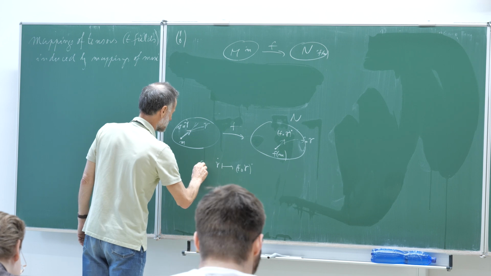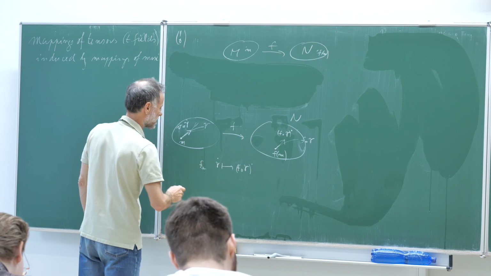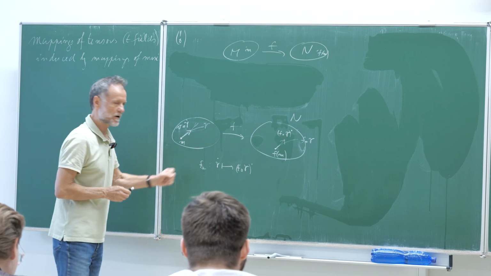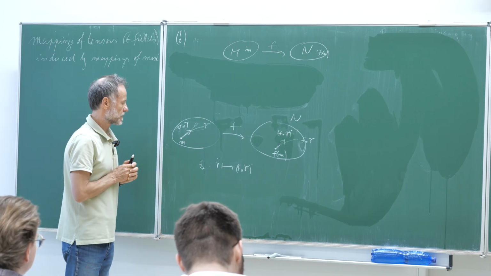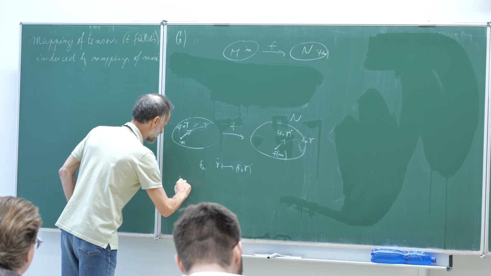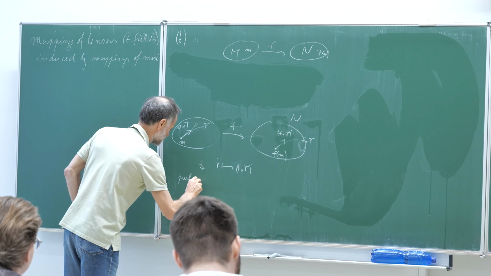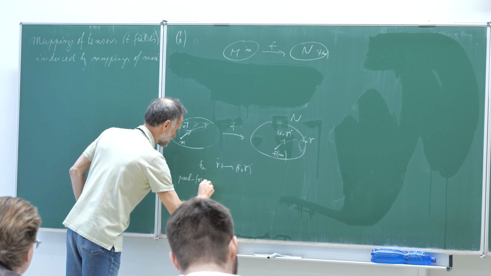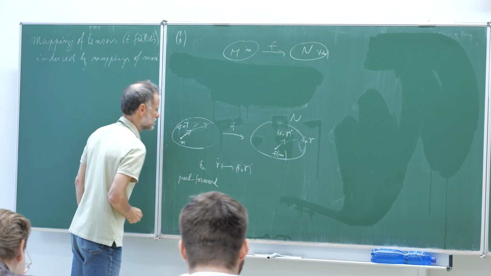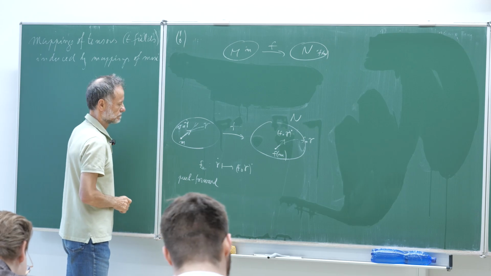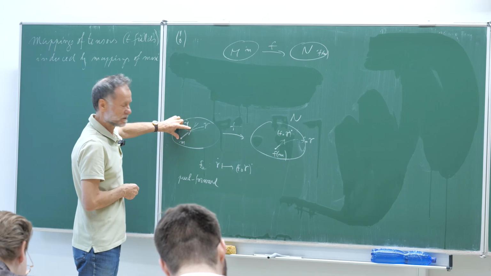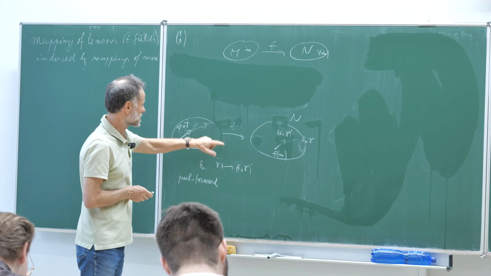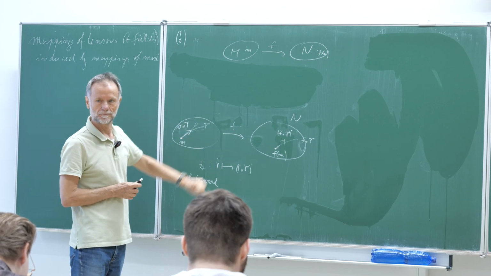And it is called F star again, but the star is a subscript, not a superscript. And it is called push forward. It is the push forward of this vector V with respect to this mapping F.